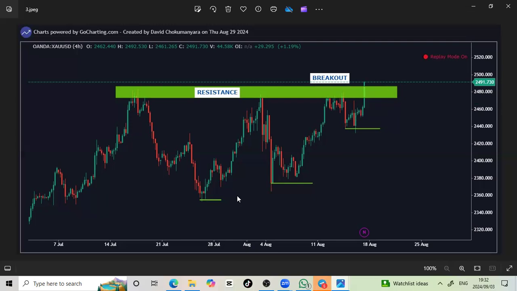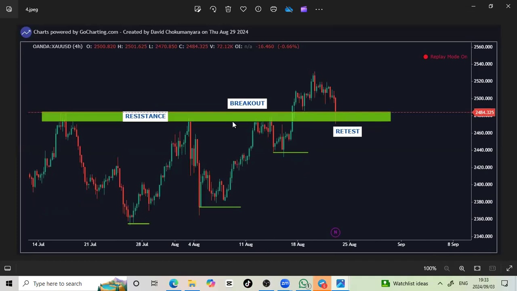So what is this telling us? When price approaches a resistance in this manner, there will be a likelihood of a breakout. But do we immediately take a trade because a candle is closed above this resistance? We don't. This is trading support and resistance blindly. You need confirmation of the fact that price is going to continue pushing upwards.